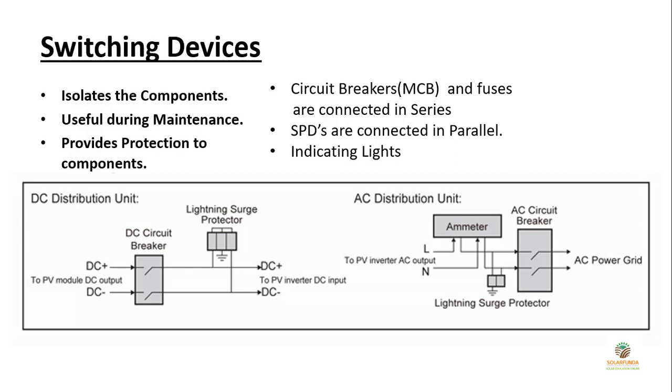So there are circuit breakers, which are called MCB or MCCB, connected in series. Next we have SPDs, surge protection devices, which are connected in parallel. You can also have some indicating lights which indicate the status of the system, telling whether it is off or on.